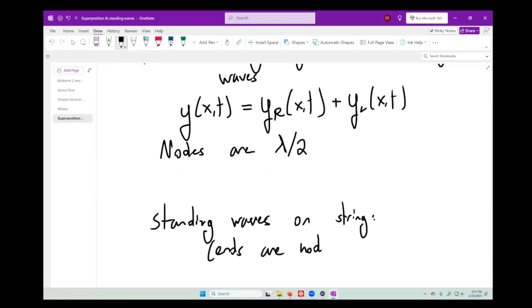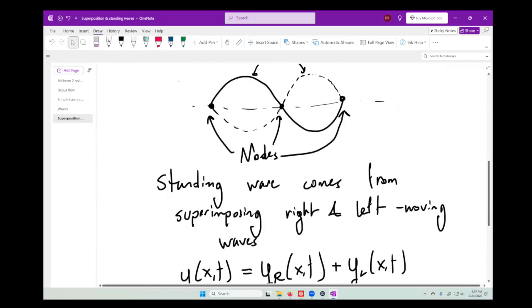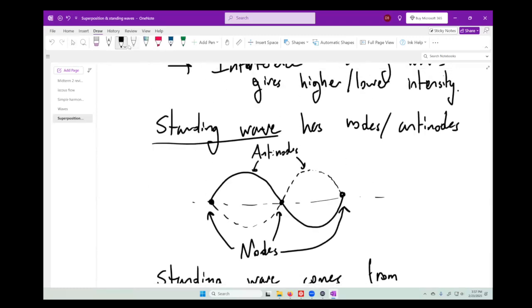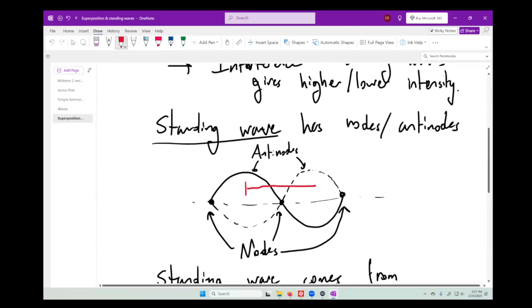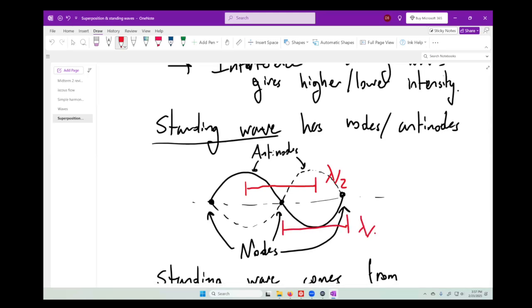That's another way you could measure the wavelength and the wave speed: you measure the distance between nodes, and you know that's half of a wavelength. And the antinodes are also lambda over 2 apart. It's like this distance here. This is half a wavelength. This is half a wavelength.